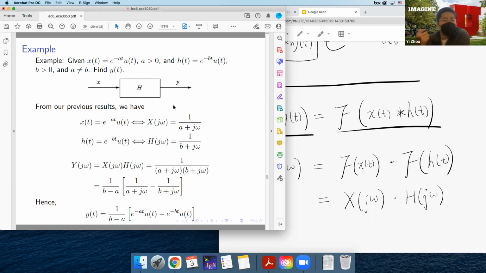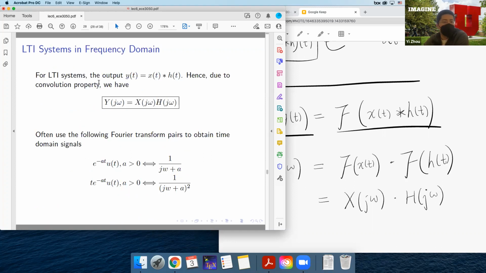Of course, one approach is convolution, right? In lecture 3 or 4, standard convolution. But here we are going to use the Fourier transform. So first of all, from this slide, we know that in the frequency domain, the spectrums are related in this way.